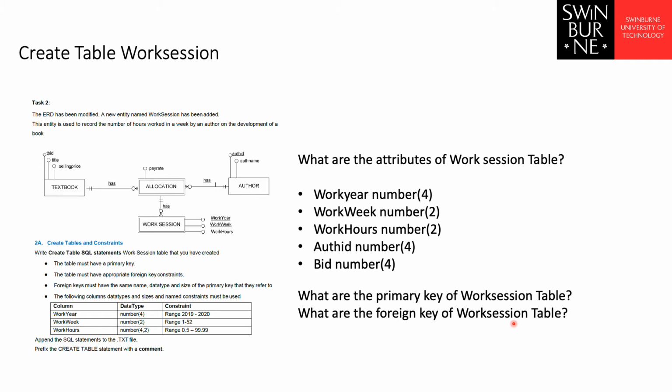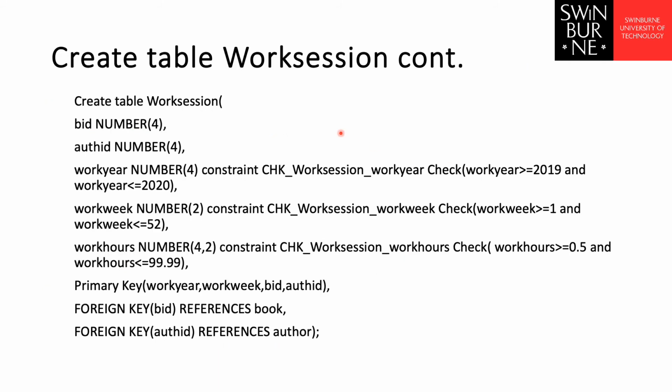And we also need to know, is there any data type, size, or rules that we need to take into consideration in order to create that table statement. As we can see, the task has provided us with the mentioned elements, so we need to include them in our statement too. So here is what the create table of workstation looks like.